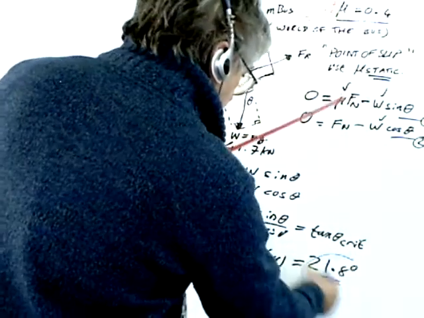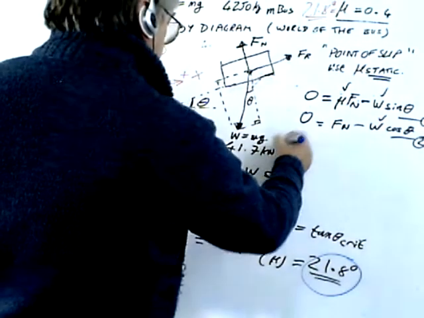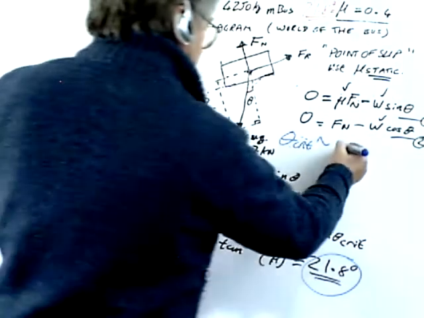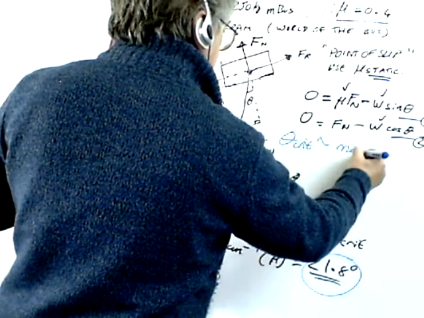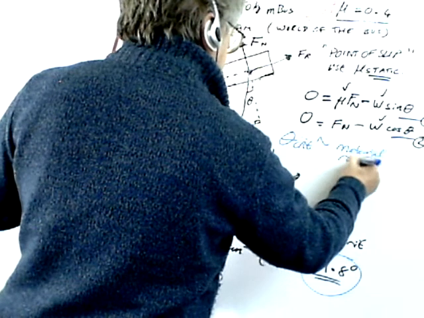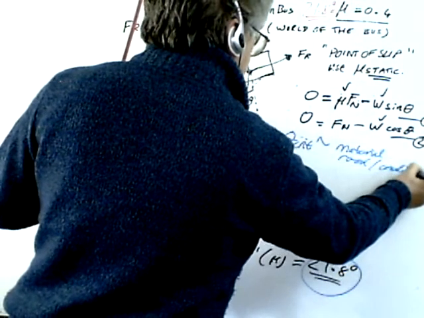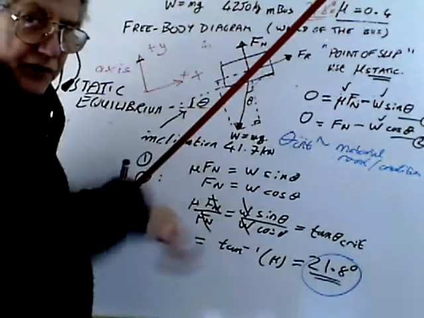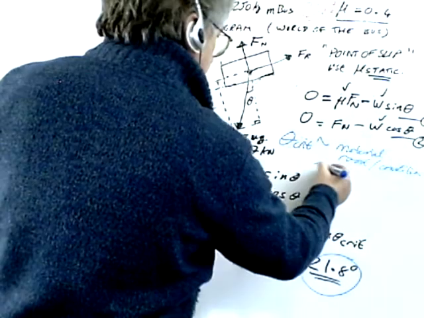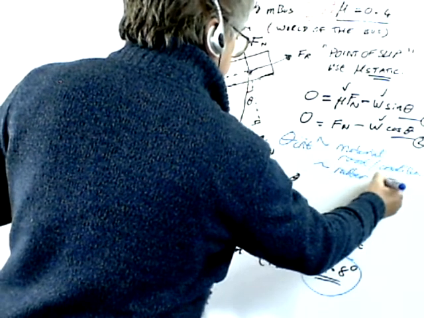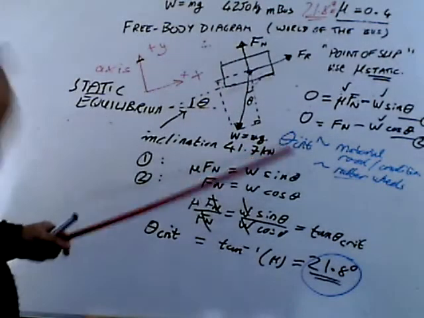So that angle, the critical angle, theta critical, just depends on the material of the road surface and its condition: how rough it is, and the material, the rubber that the wheels are made of. That's the only two things that determine that angle for our design.